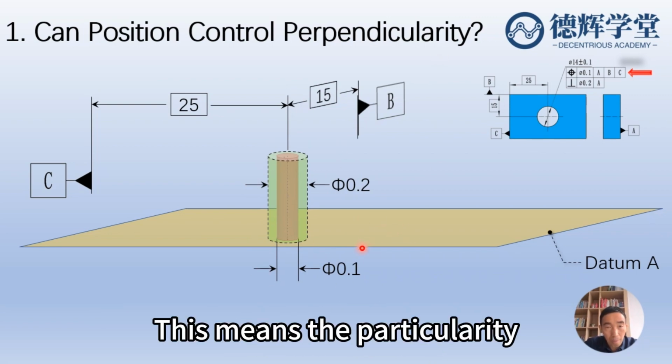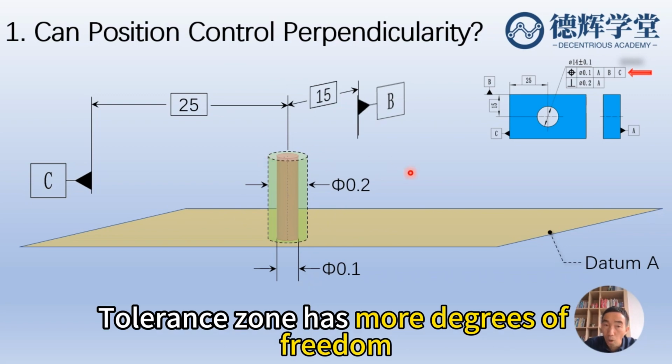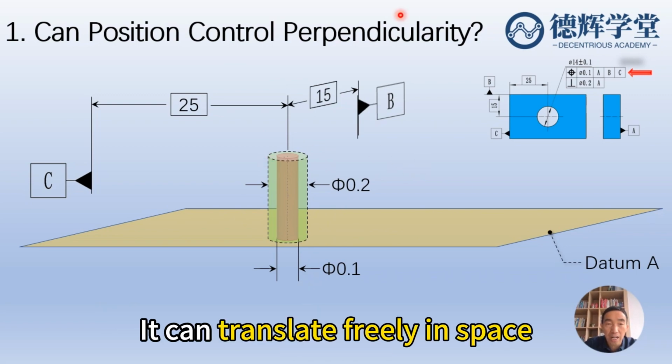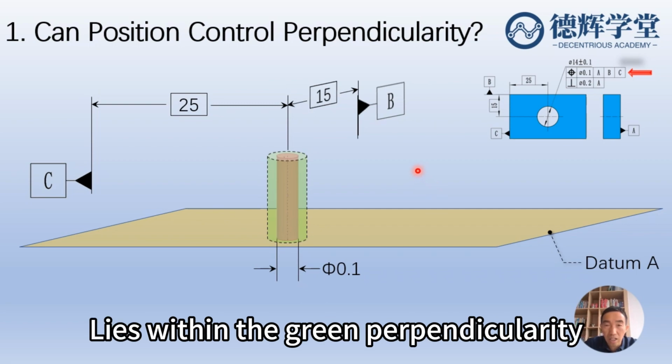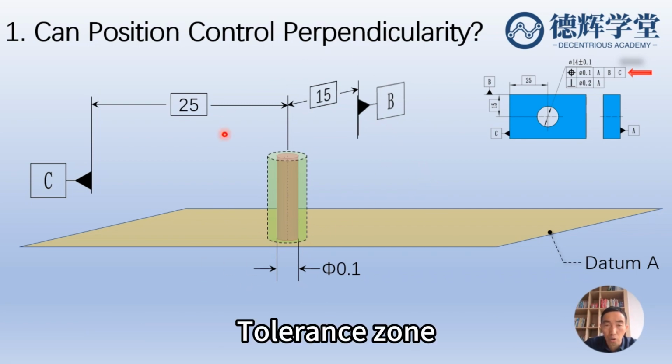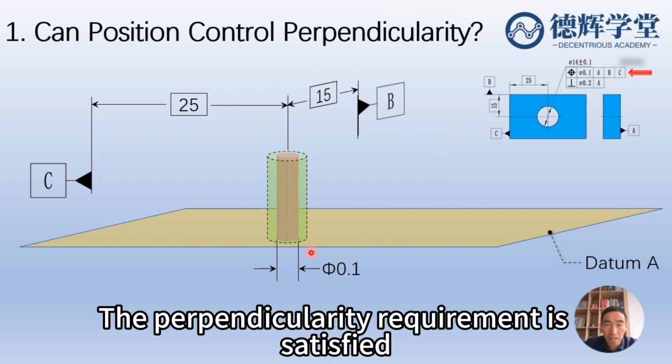This means the perpendicularity tolerance zone has more degrees of freedom. It can translate freely in space. Ultimately, as long as the axis lies within the green perpendicularity tolerance zone, the perpendicularity requirement is satisfied.